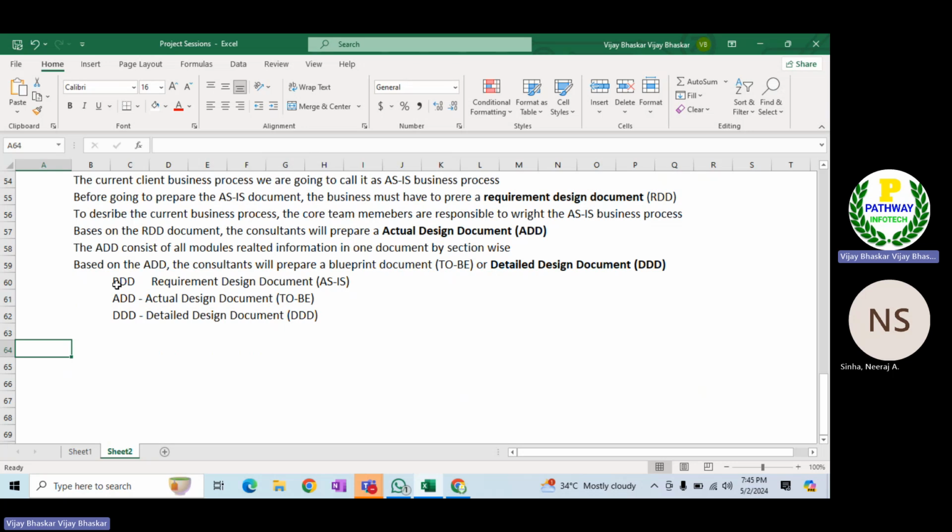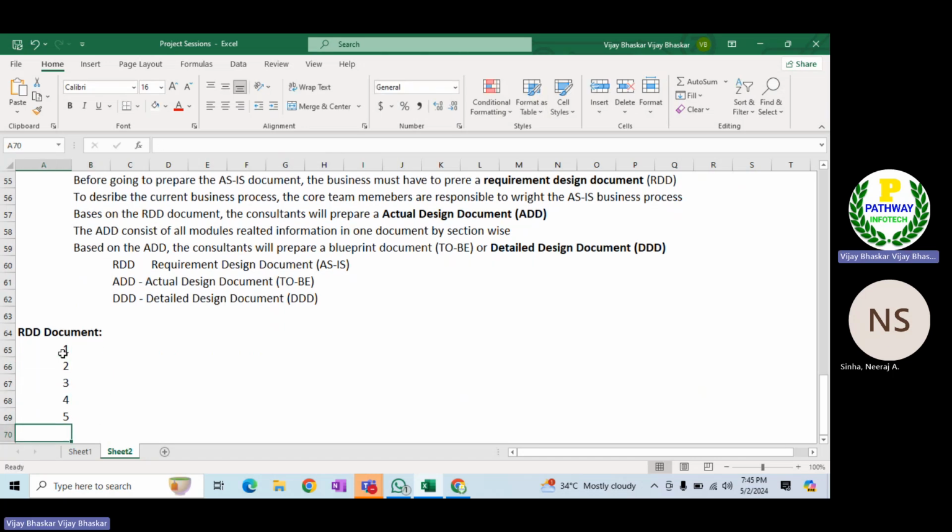Now let us talk about the RDD document. How will the RDD document look? We need to understand, right? Let's say the serial number, I'll just give a small example. Number 5.